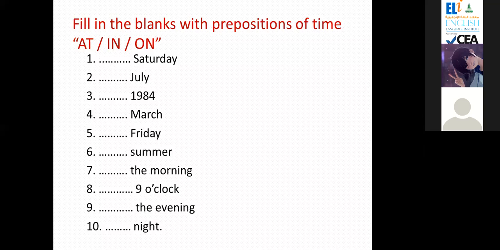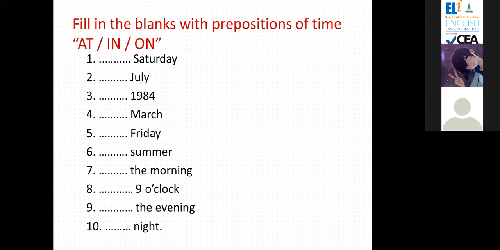What about the morning and the evening? Number 7 and 9. In, excellent, in the morning, in the evening. What about seasons, like summer, winter?